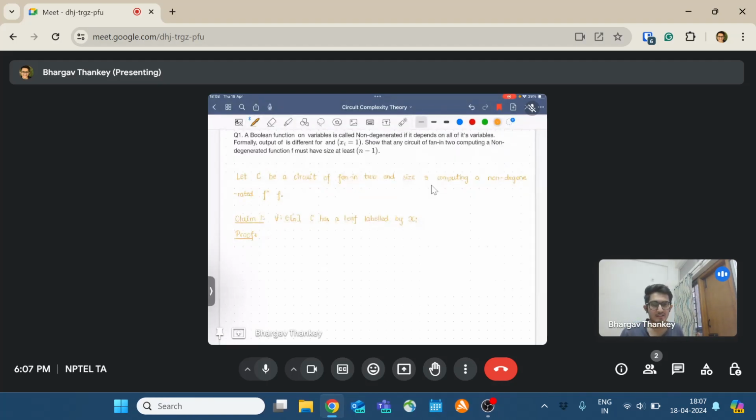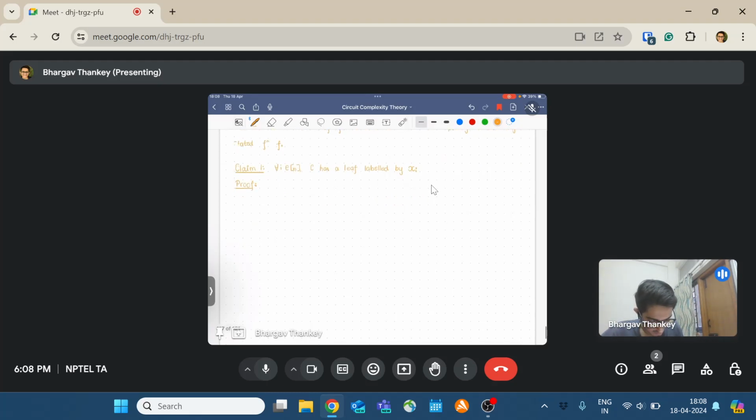Intuitively, this makes sense, right? Because if it misses any variable, then there exist two strings which only differ at that variable, so that their function values are different. If it misses that variable, then for both of the strings, it would output the same function value, which is an issue.